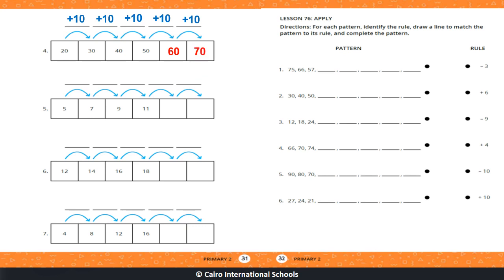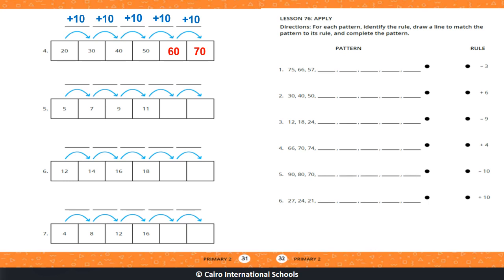And so on. The next question, the pattern is 5, 7, 9, 11. Is the pattern increasing or decreasing? It's an increasing pattern because the numbers are getting bigger. So each time we will add. So in the pattern rule we will write plus. Plus what?